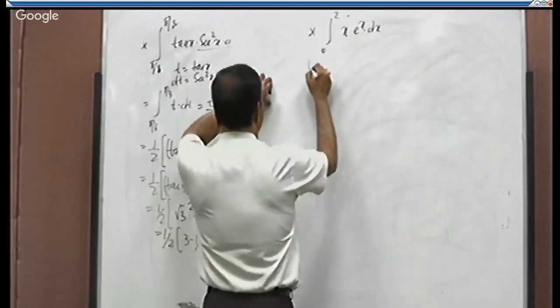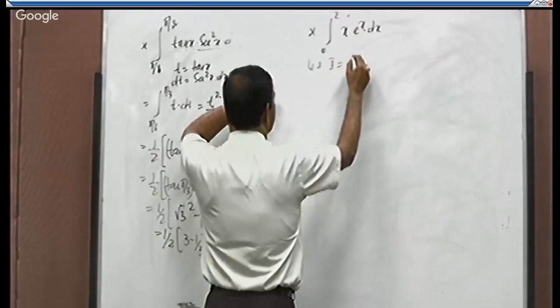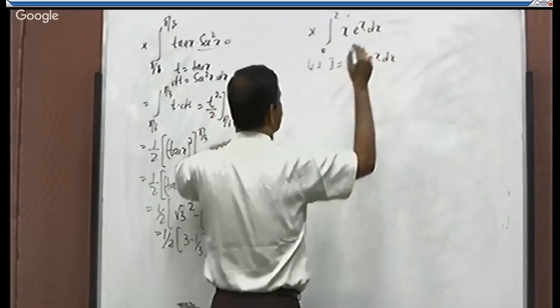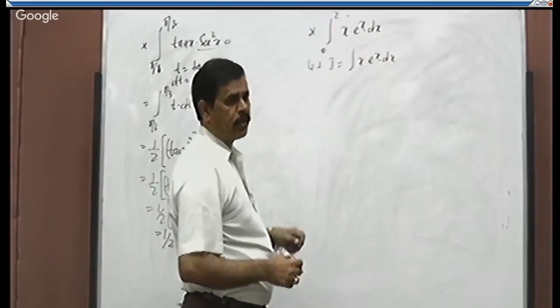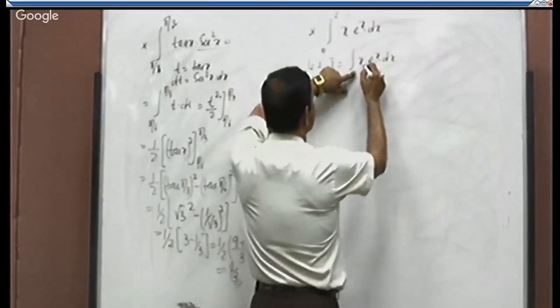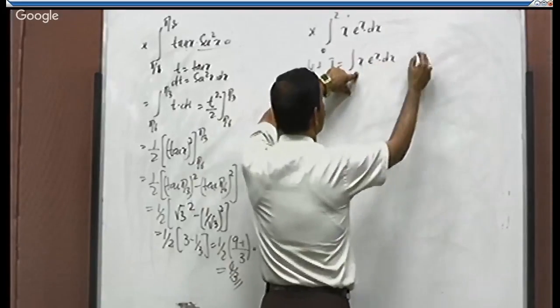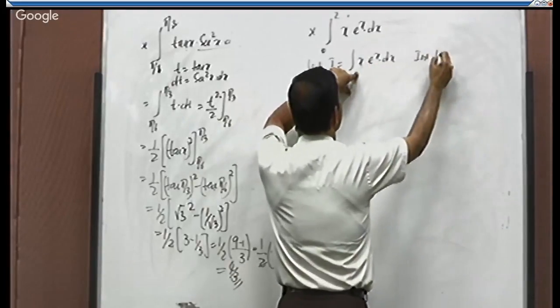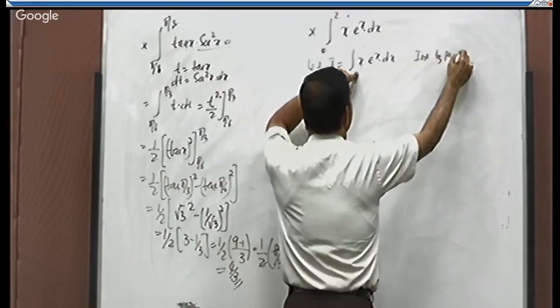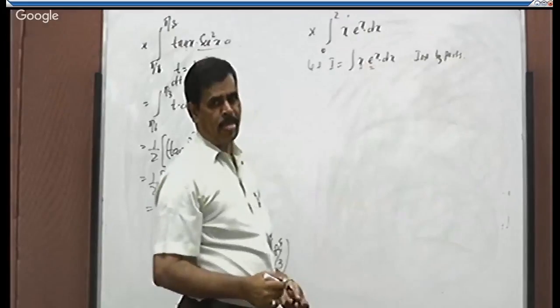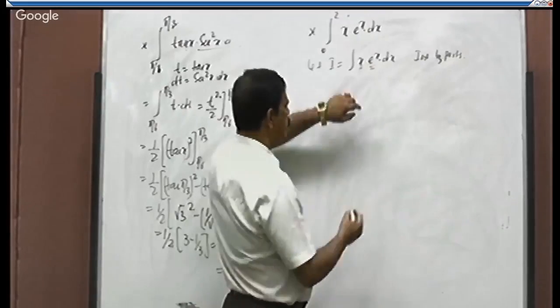First, let us take I is equal to the integral of x into e power x dx. I am taking x into e power x, so it is a product of two functions, right? Then we have to go for integration by parts. Here we need to take the first function and second function.